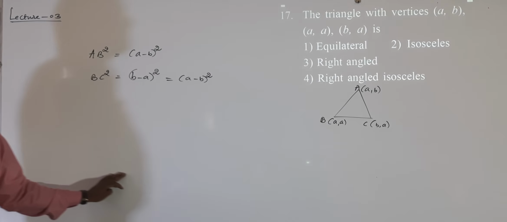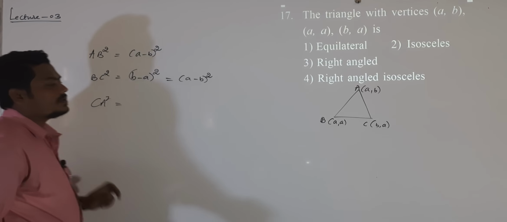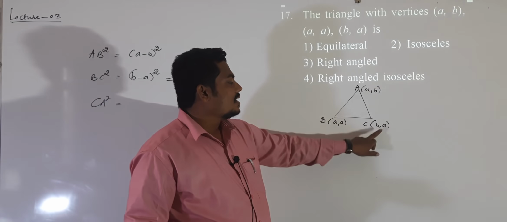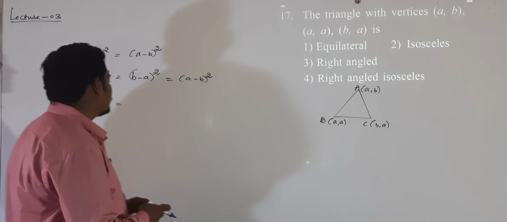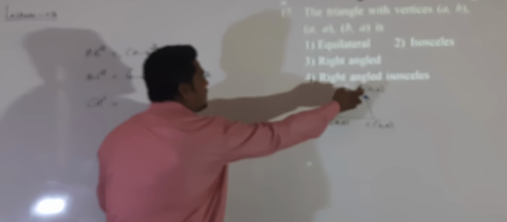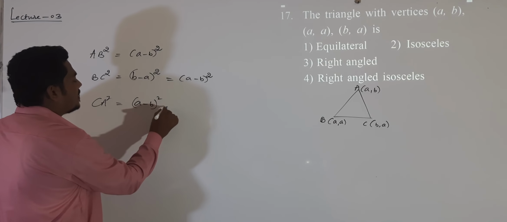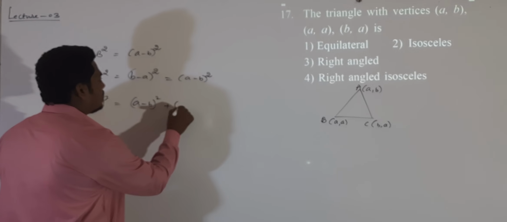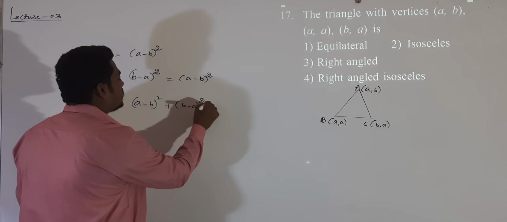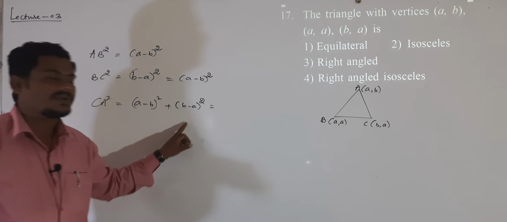Next, find the CA distance, or write CA square, right? CA square is equal to, by using the distance formula, (A minus B) whole square plus (B minus A) whole square. And we already know (A minus B) whole square is the same as (B minus A) whole square.